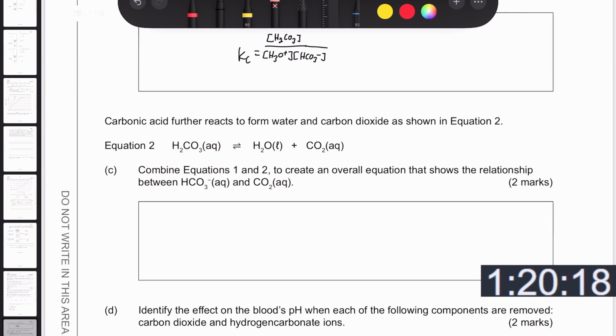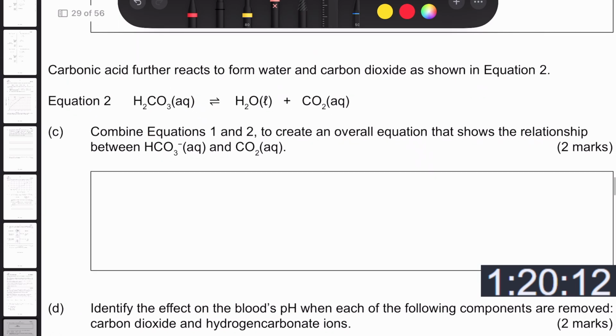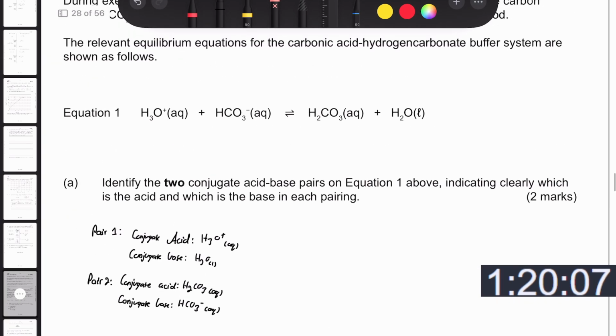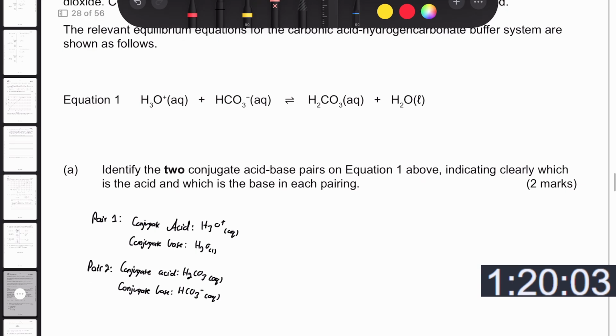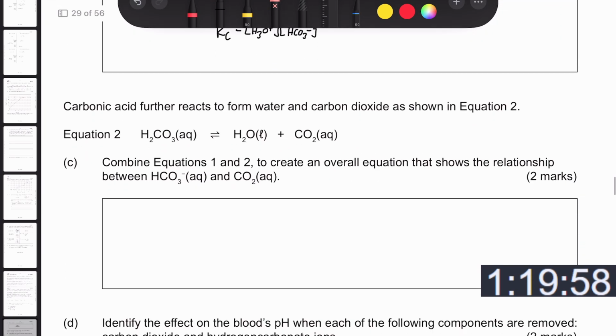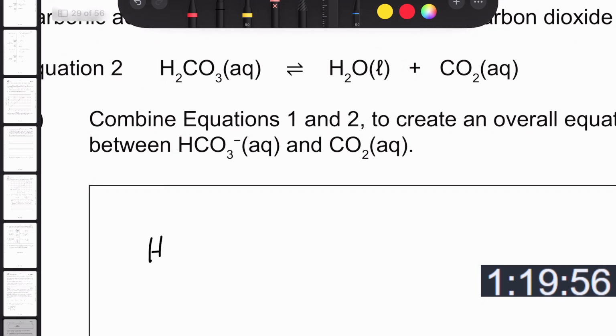Carbonic acid further reacts to form water and carbon dioxide as shown in equation 2. Combine equations 1 and 2 to create an overall equation that shows a relationship between HCO3 minus aqueous and CO2 aqueous. So H3O plus, H3O equal water. So then HCO3 minus aqueous plus H3O plus.